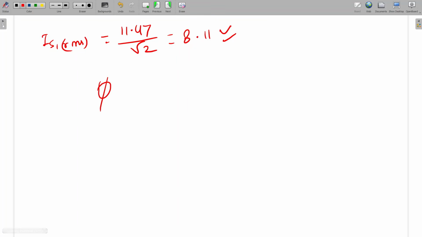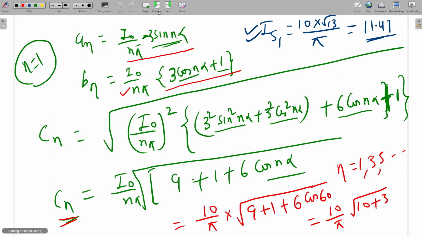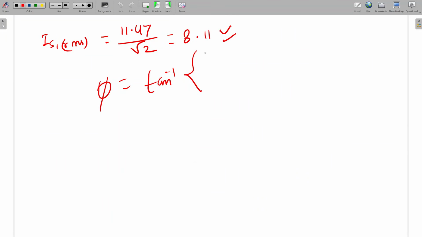So phi will be tan inverse of minus 3 sin n alpha divided by 3 cos n alpha plus 1. Can anyone tell how much is this value? You have to take n equal to 1.